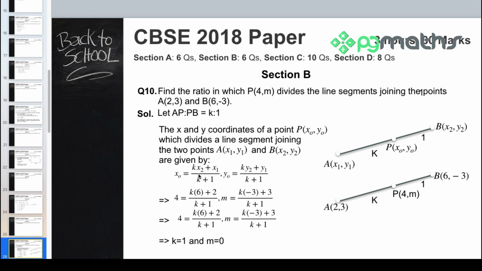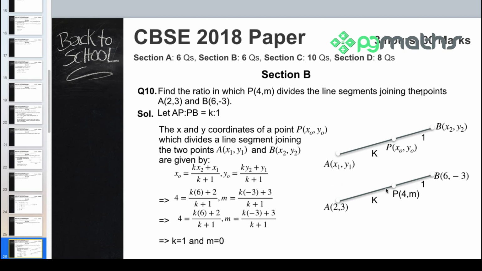So for the x coordinate we multiply cross terms with x coordinates. I hope you're trying to understand and I'm not making things complicated unnecessarily. It's very simple. x1 gets multiplied with 1, k gets multiplied with x2, kx2 plus x1 divided by k plus 1. Denominator is always the same, k plus 1. For y naught it would be 1 times y1 plus k times y2, so y1 plus k times y2, and the denominator is the sum of k and 1, k plus 1.